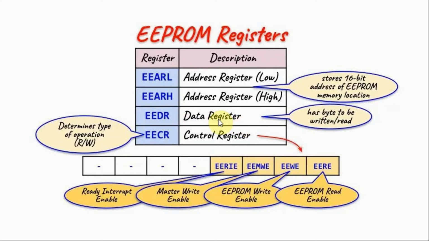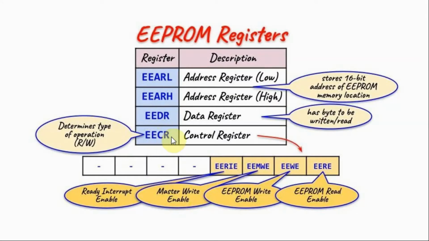So if we want to write a byte to a memory location in the EEPROM, first we need to write it into the data register, and then from the data register it is copied onto the memory location. And vice versa, if we want to read a byte from a memory location in the EEPROM, it is first transferred into the data register, and then we read it from the data register and pass it to the CPU.